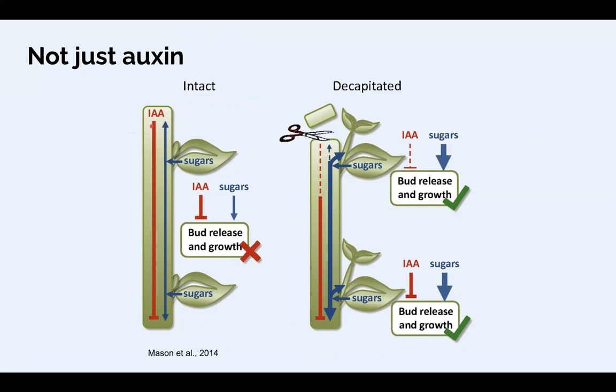So it's pulling in the resources for new growth, and that's preventing these axillary buds from having enough resources to do their own growing. But if you remove the tip, then you also remove the reason for those sugars to go up, and they now have a new place to go, which is off to the side here. So in this illustration, IAA is that auxin hormone we were just looking at in the previous slide.